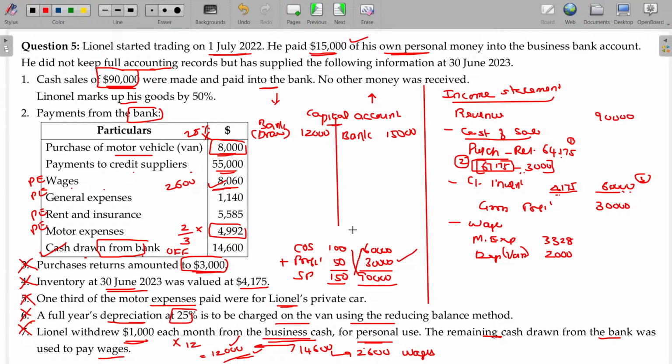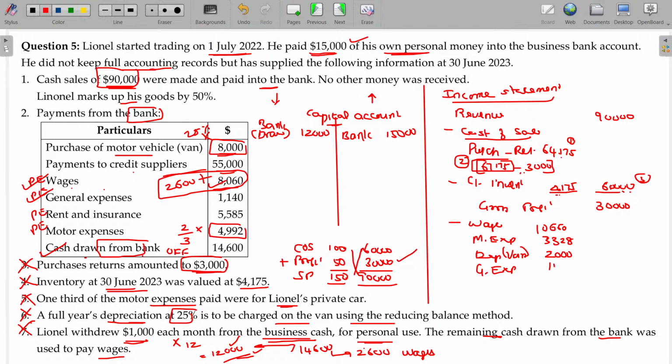So you have to add these two. How much is that? 10,660 is the wages. And wages completed.